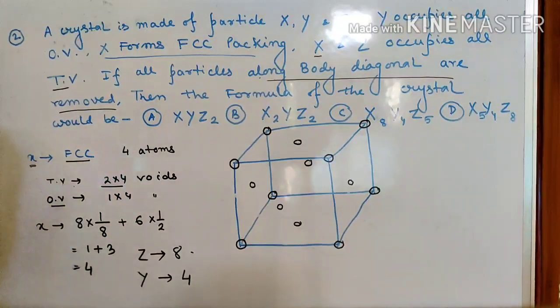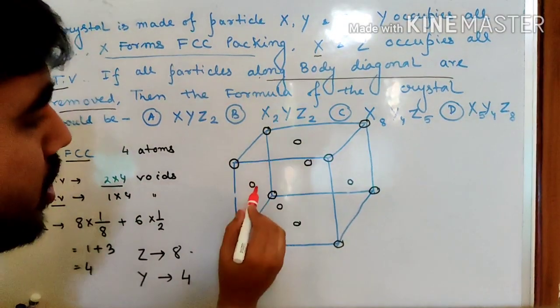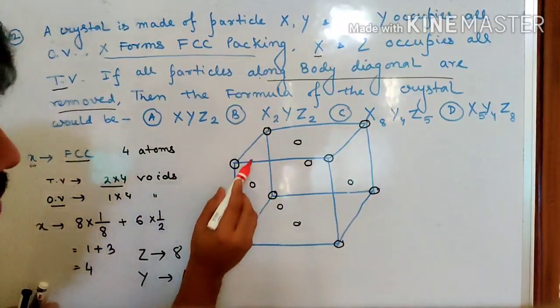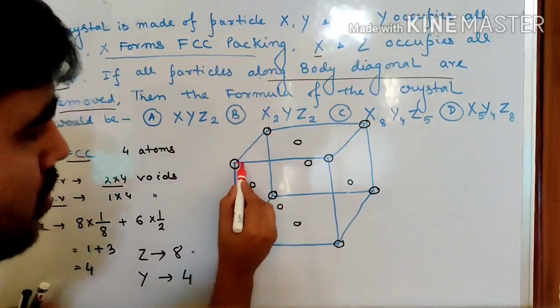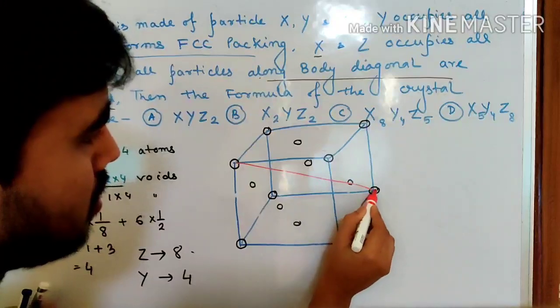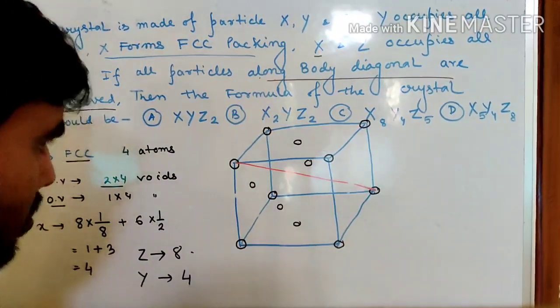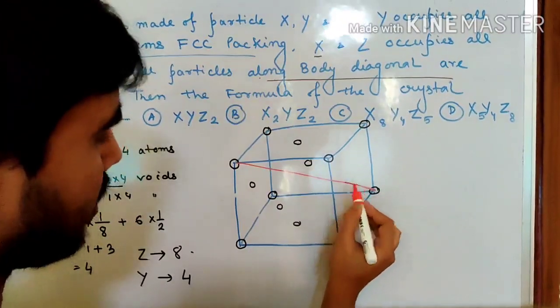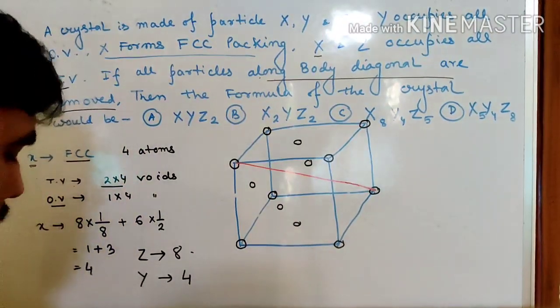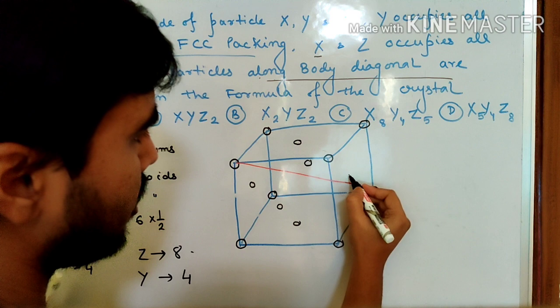Now, if a body diagonal, say for an example, this one, suppose this is a body diagonal, it is not necessarily over the body diagonal.